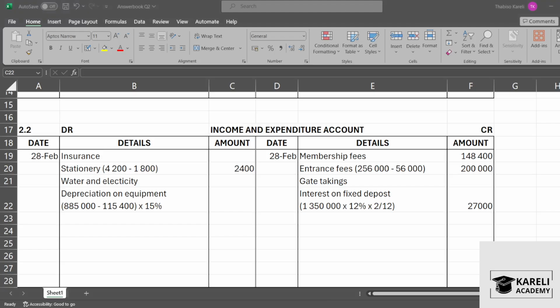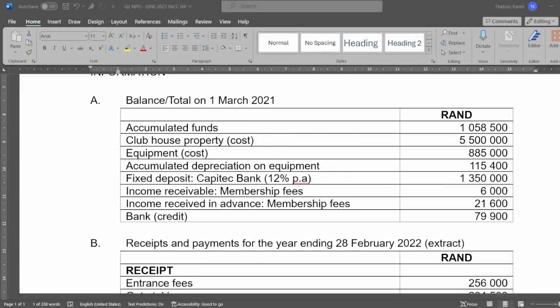Let us check on the question paper if we are doing the correct things. On the question paper, you are given equipment at cost, 885,000, and accumulated depreciation on equipment, 115,400.